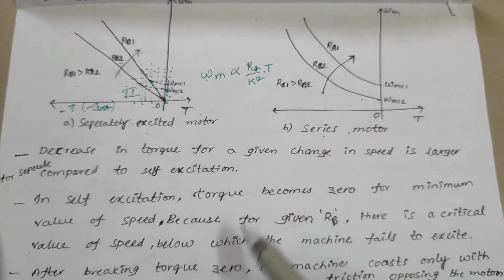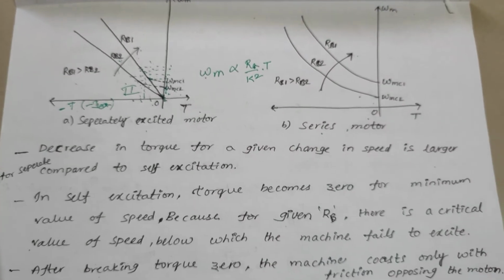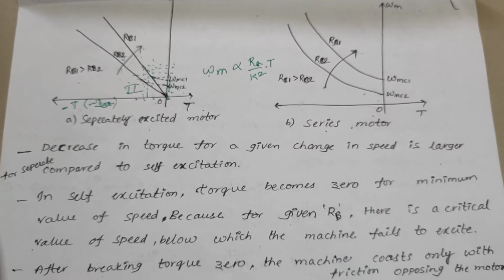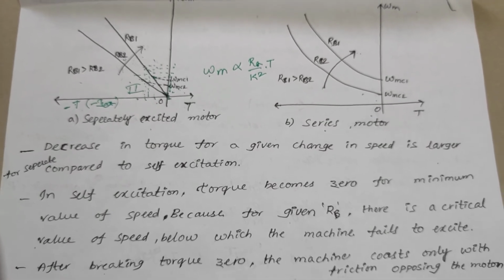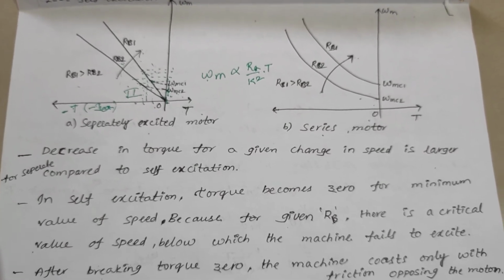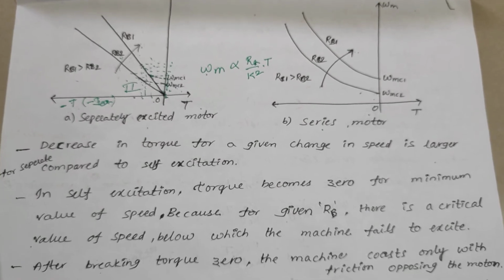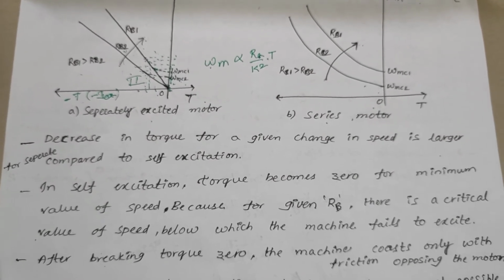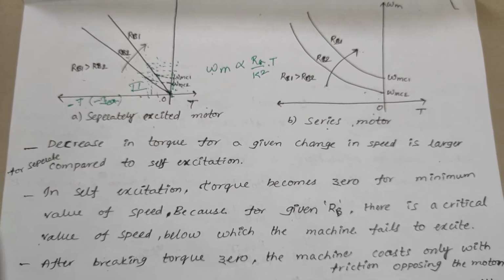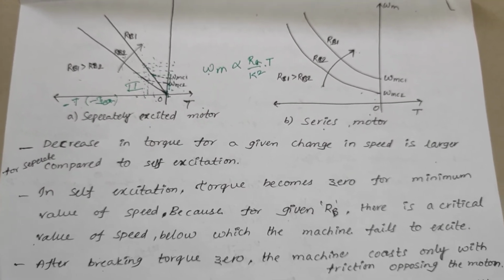Only one difference is that for a given change in speed, the change in torque is larger for the separately excited motor when compared with the self excitation or series motor.